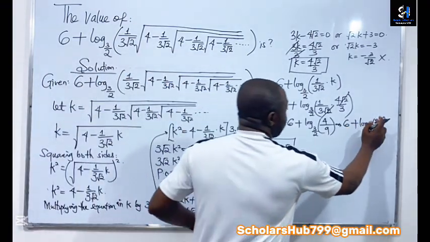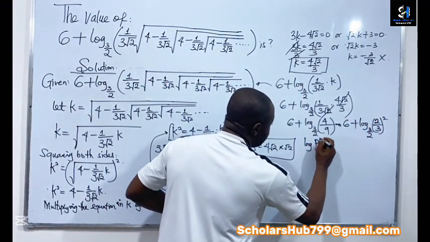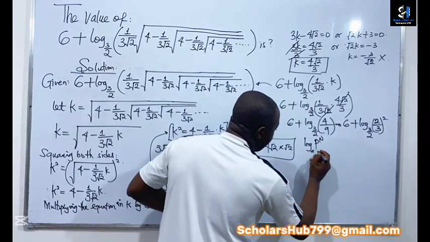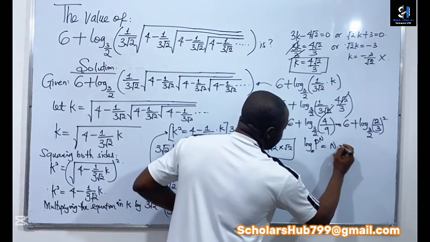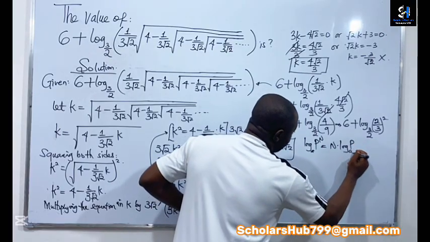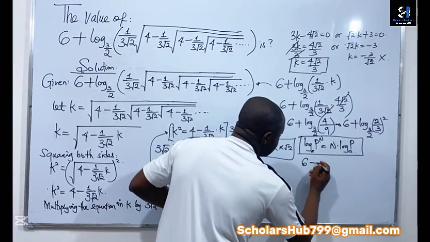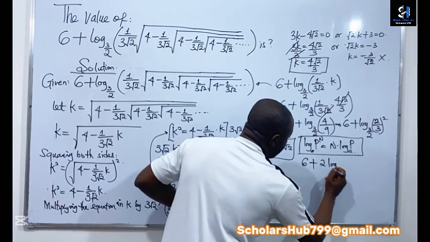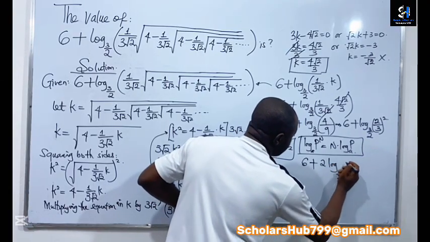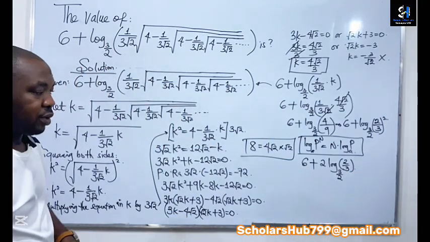Now if I apply the property, the logarithm of the nth power of p to base a is equal to n times log p to base a, then this will be 6 plus 2 logarithm to base 3 over 2 of 2 over 3.